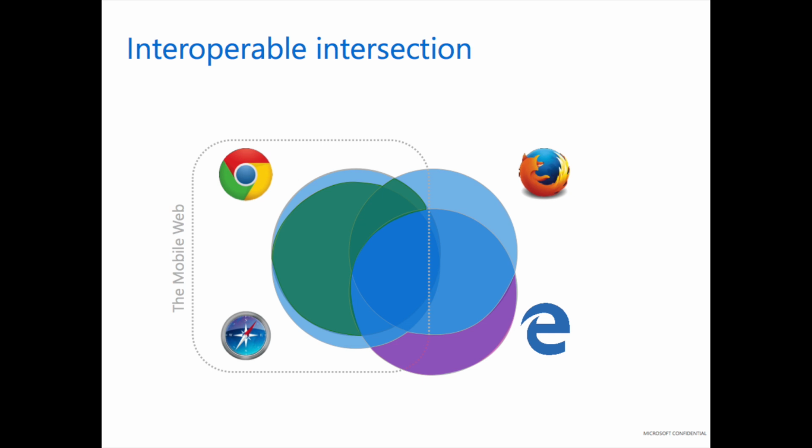We want to remove that as much as possible, and we want to increase the interoperability with Chrome, Safari, and Firefox. In other words, Edge is designed to be much more compatible with all the other major browsers. And all the IE proprietary stuff, we will try to remove as much as possible. Does that sound good? All right, so it will be a lot easier to work on interoperability, obviously.